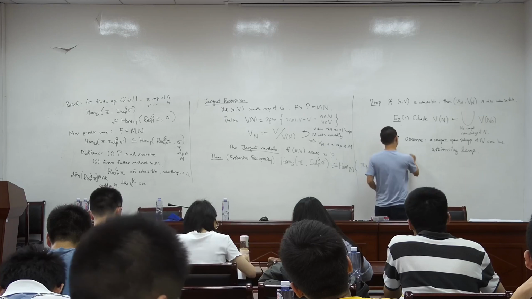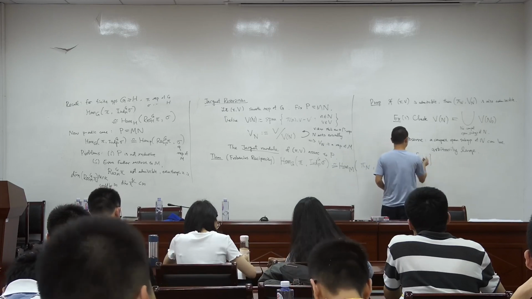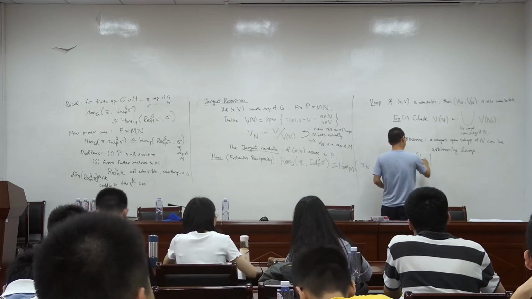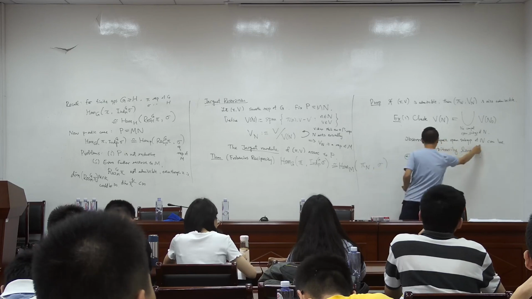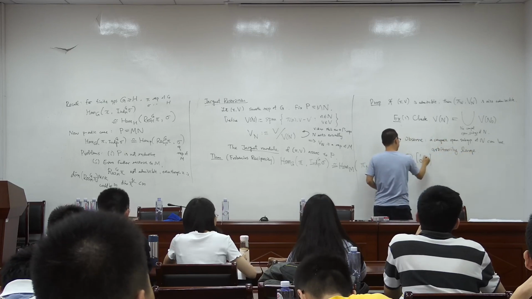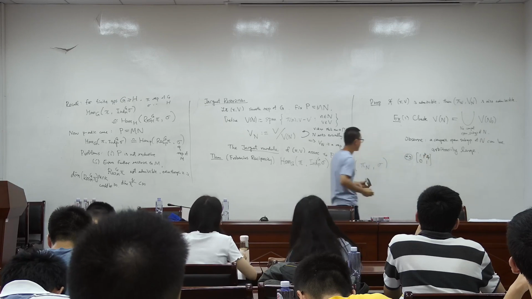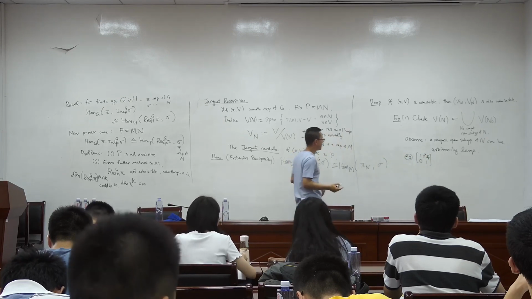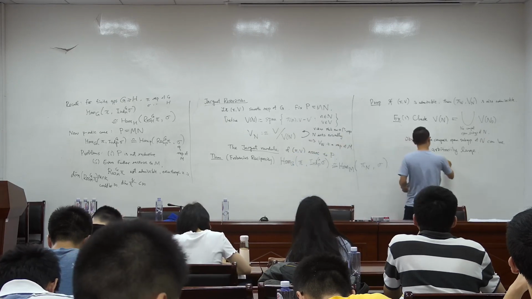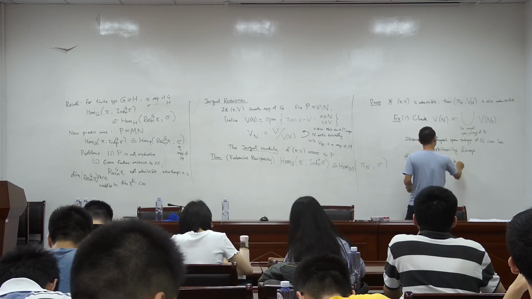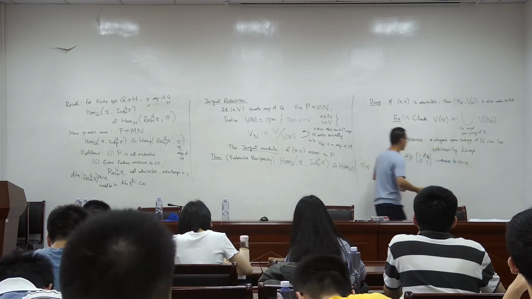For example, you can check that, say in GL2(Q_p), a group like this, because I'm taking a subgroup of N, so only this entry has meaning. So I take p^k Z_p, the ideal generated by the kth power of p, where k can be very negative.